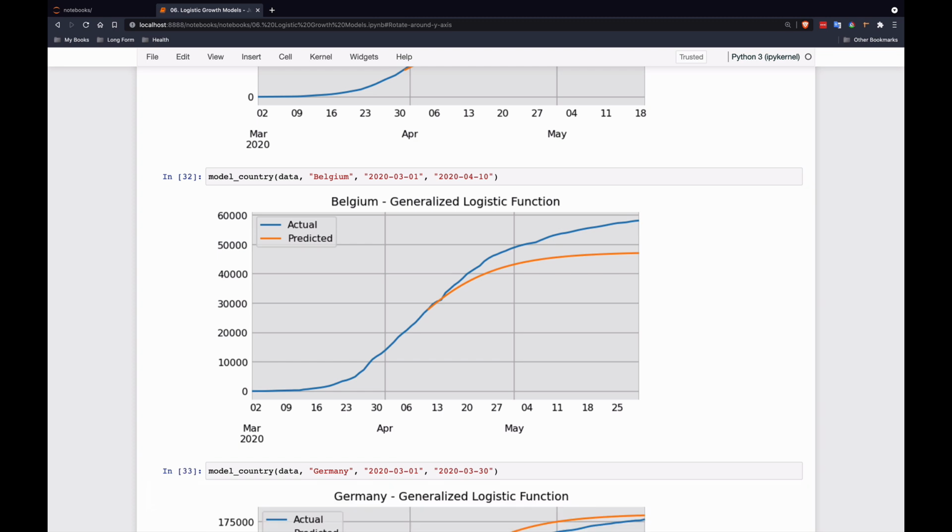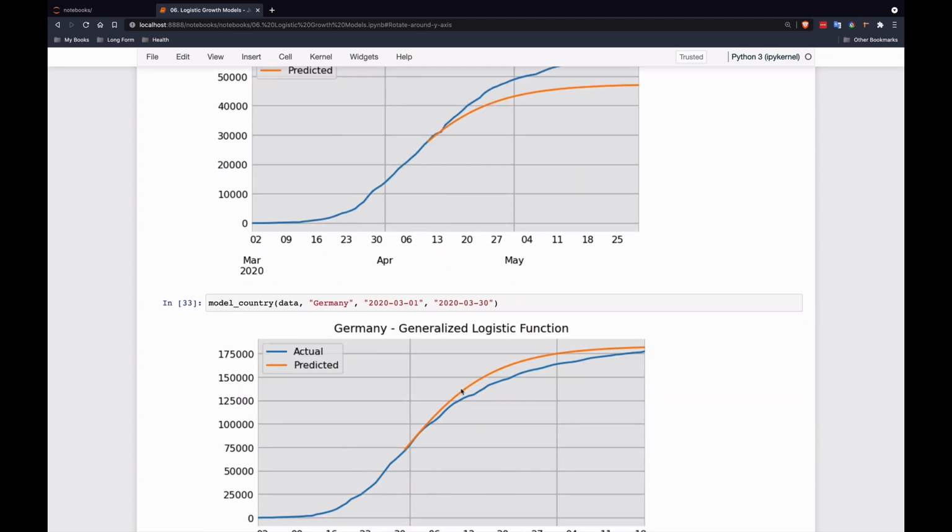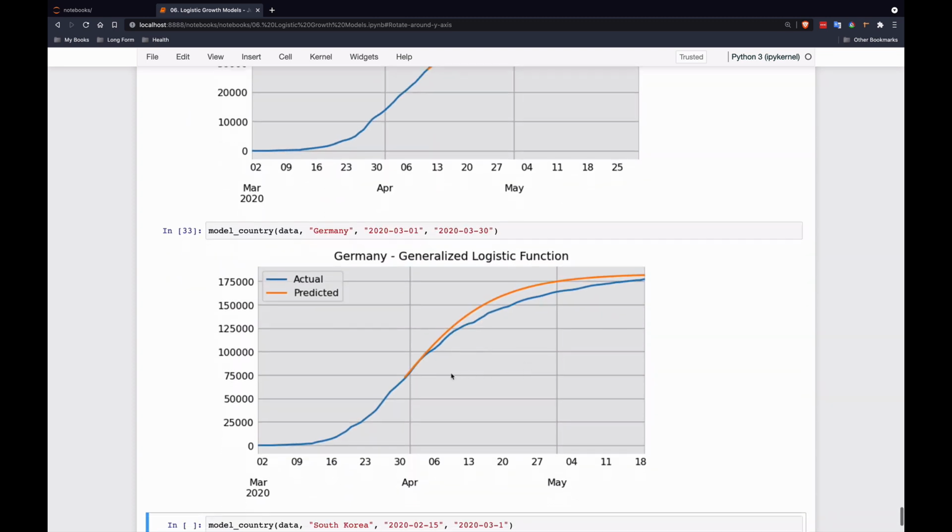Here is Germany. This one does better, but again, it's sort of randomness whether or not it gets it right. But it should get the general direction, and when more days come in, it gets better and better. So as we allow our data to model further and further, we should get a better model.